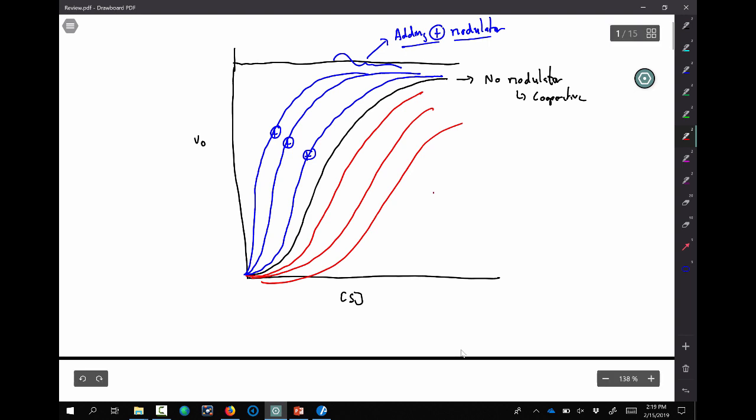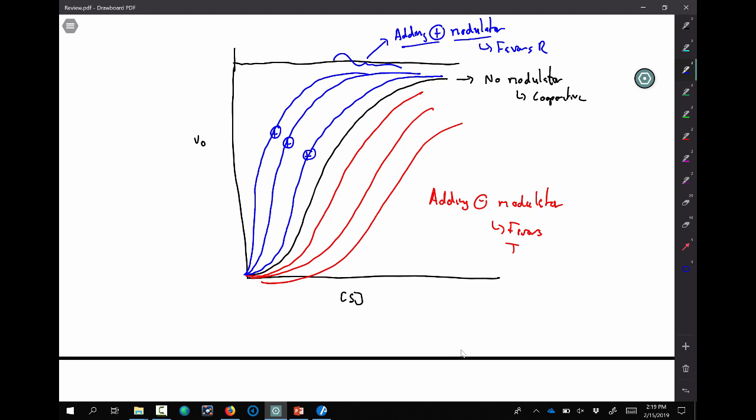Okay, and this would be adding negative modulator. Favors T. Okay, and this favors R. Okay, so that's going to be the major difference between these.